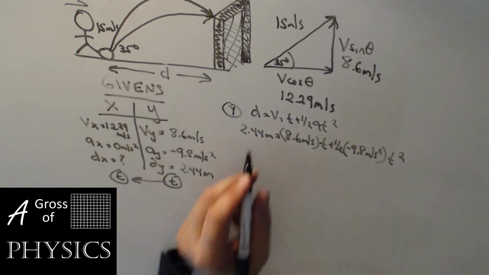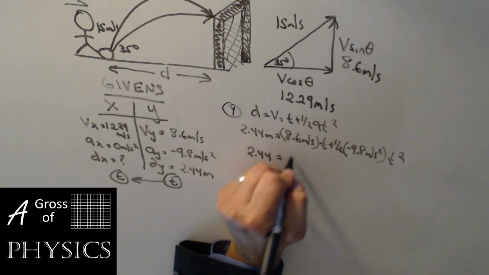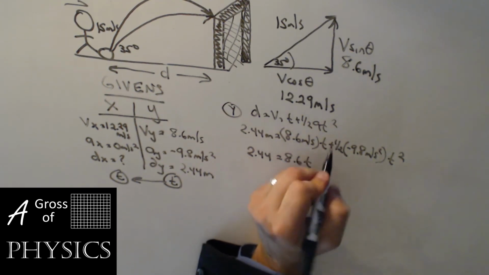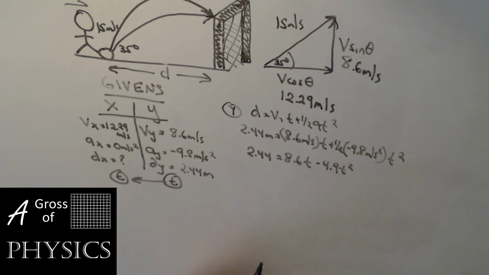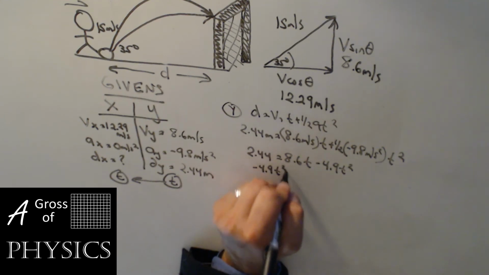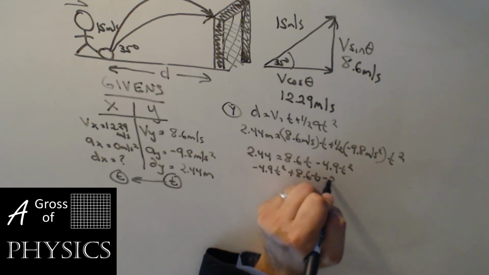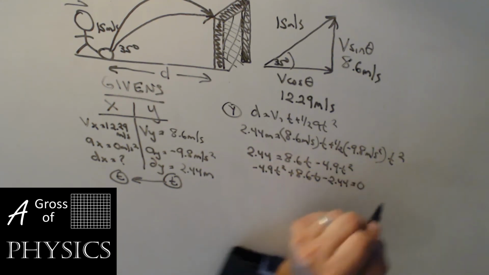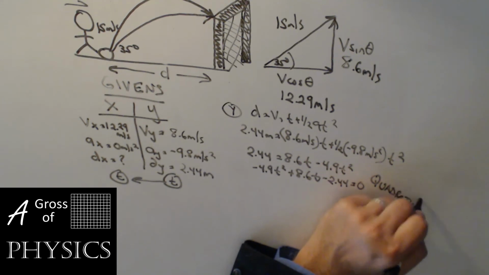Now simplifying this, we have 2.44 here, 8.6 t minus 4.9 t squared. And this looks like it's shaping up to become a quadratic, which it is. So it'll be negative 4.9 t squared plus 8.6 t minus 2.44 equals 0.